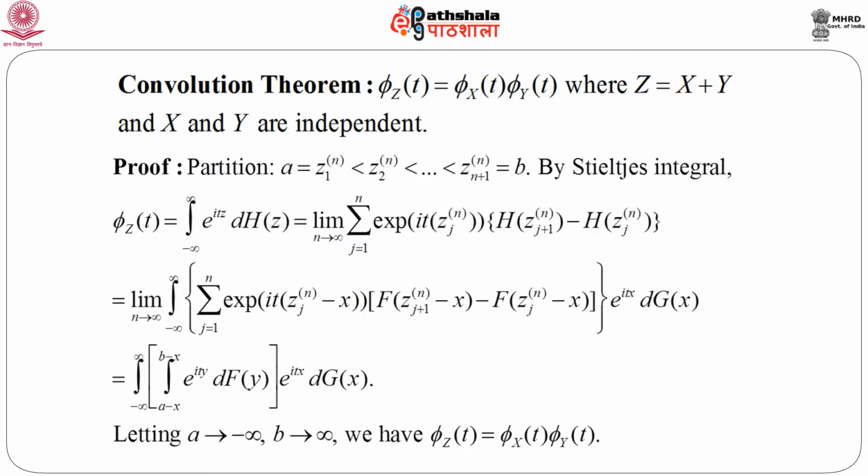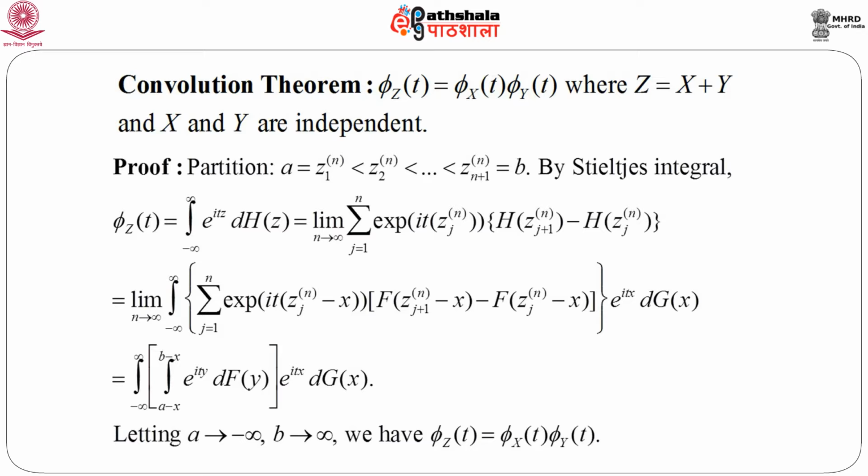And since we are considering the partition a to b, this converges to the integral from a to b, and after transforming the variable z minus x equals y, we will get this inner integral from a minus x to b minus x of e^(ity) dF(y), and the whole thing multiplied by e^(itx) and integrated with respect to G(x).